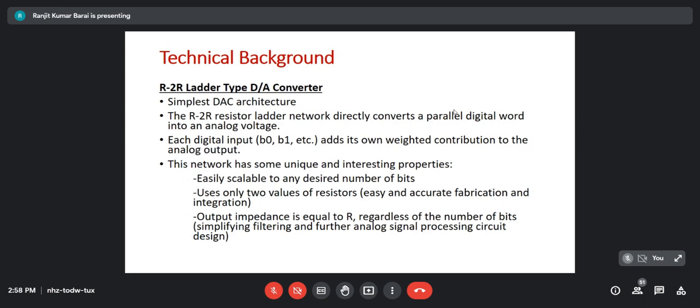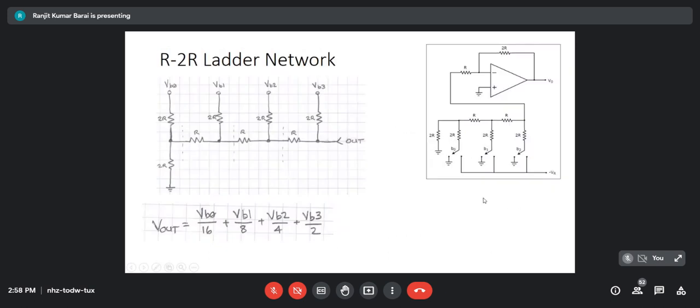In the case of the weighted resistor type, you need different resistors for each bit to convert. So here we have no such headache. We can use R and 2R. Output impedance is always equal to R, regardless of the number of bits.